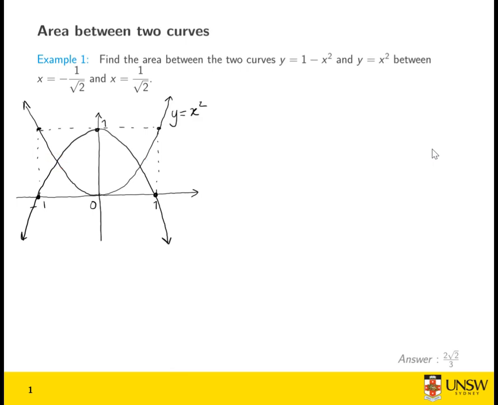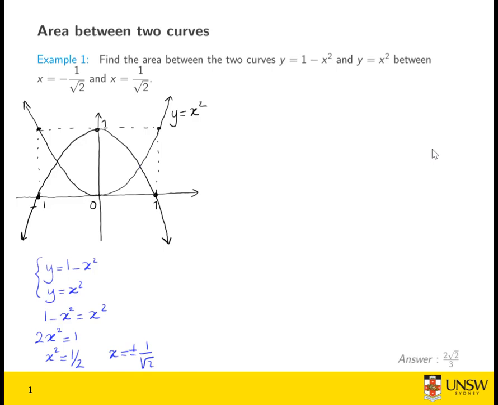We notice the points of intersection here. Let's find out what they are. The coordinates of these points of intersection are the solution of this system of equations. To find the x-coordinate, we can just say that y is equal to y. So we get 2x squared equal to 1, x squared is equal to 1/2, and as a result, x is equal to plus or minus 1 over square root of 2.